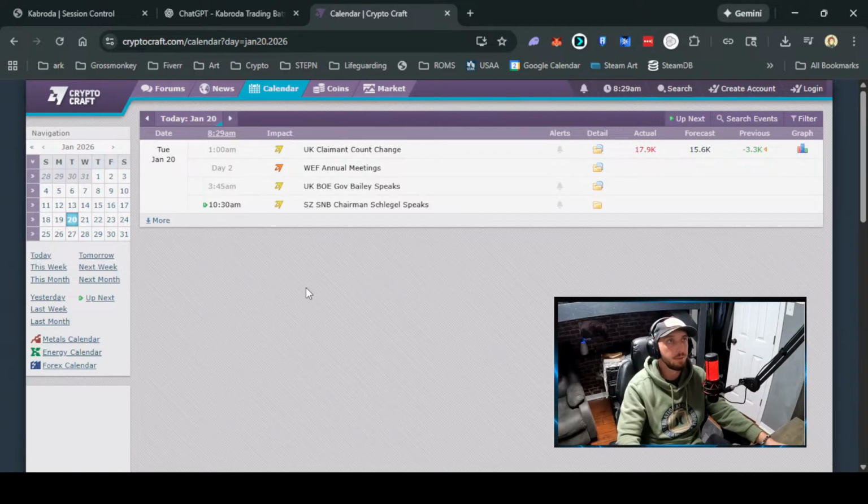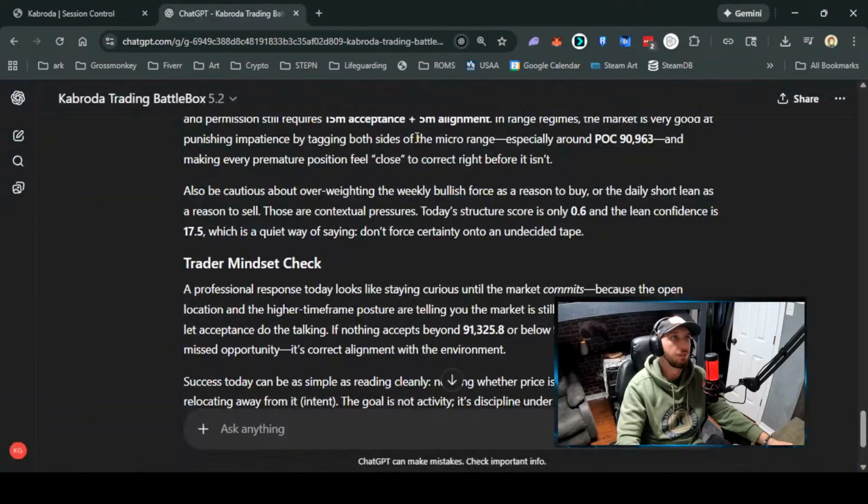It doesn't have a time frame, so I'm assuming it's just all day. Those are hard to predict, so it doesn't really matter for today. We're just watching the charts, and everything else is yellow. So not a huge deal on the news side today.